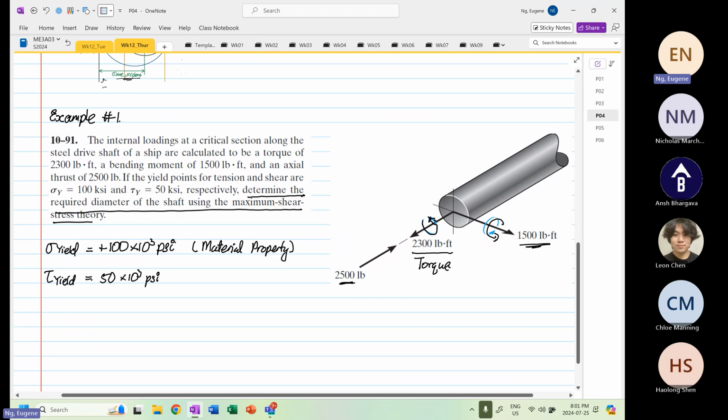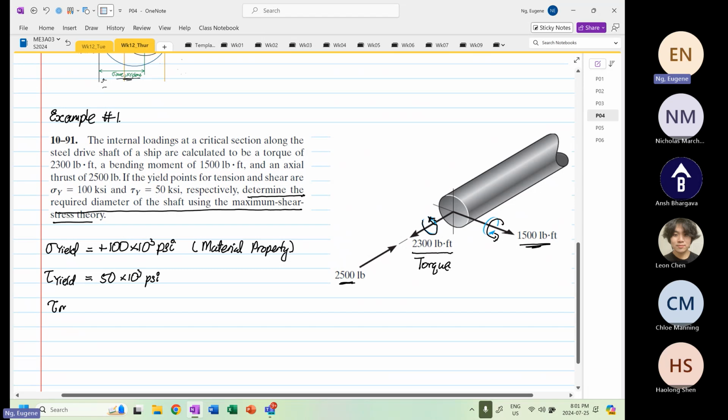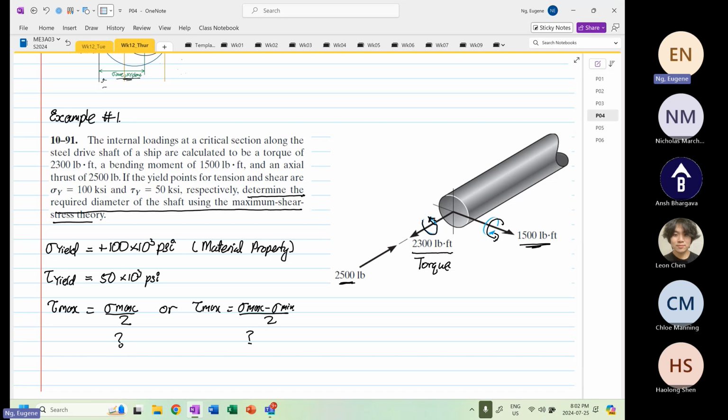So we know that using the maximum shear stress criterion, tau max can be equal to sigma max divided by 2, or tau max can also be equal to sigma max minus sigma mean, divided by 2. We now have to determine which one. By just visually looking at this, we don't know. We have to construct the element and we have to construct the 3D Mohr circle.